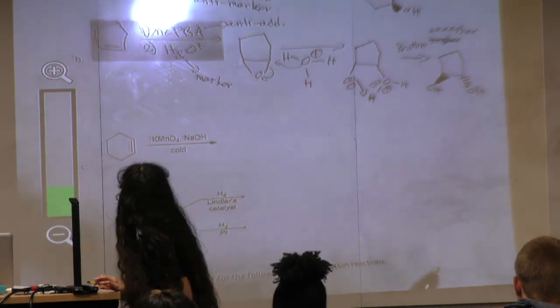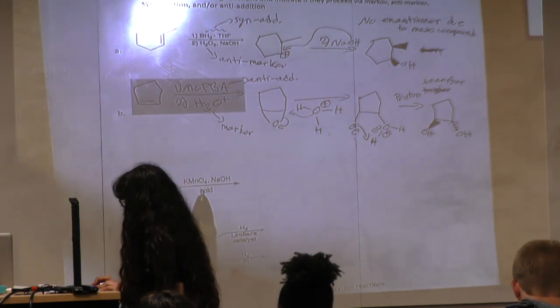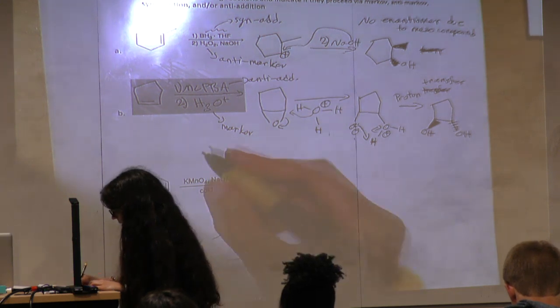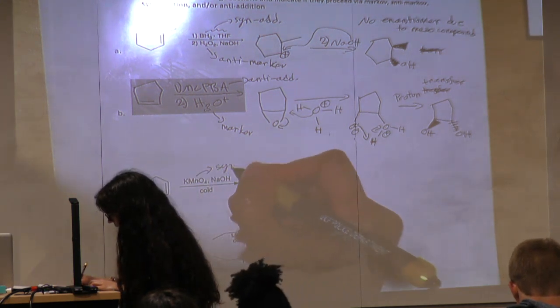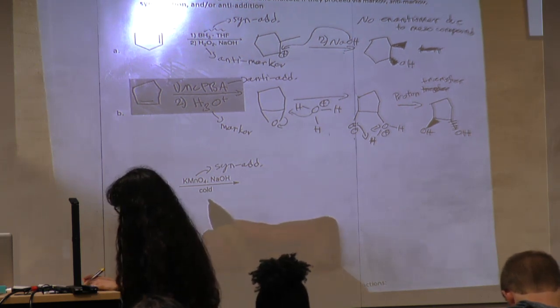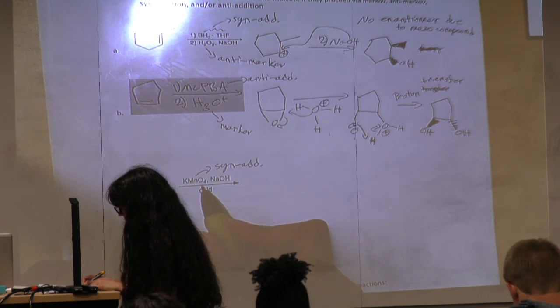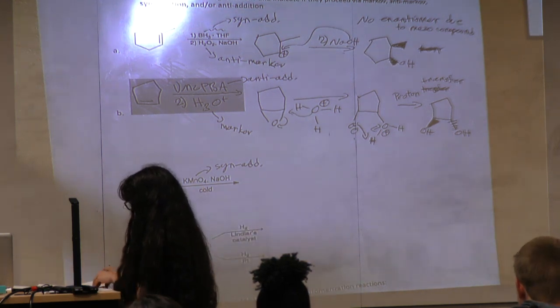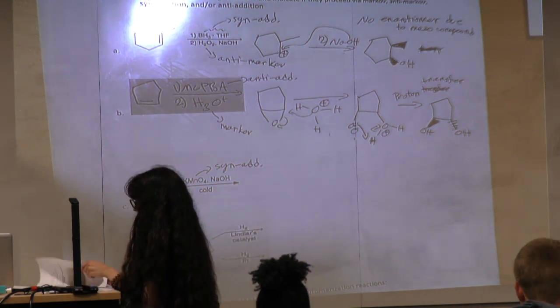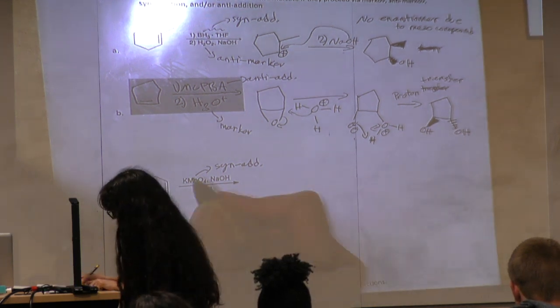Maybe I'll zoom out a little bit in case you guys are still writing. KMnO4, this is syn addition. So KMnO4, we don't really learn the mechanism for it, but what we're going to do is add an OH to both sides of the double bond, with cold KMnO4.